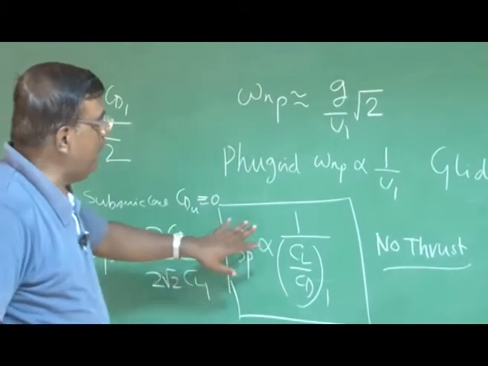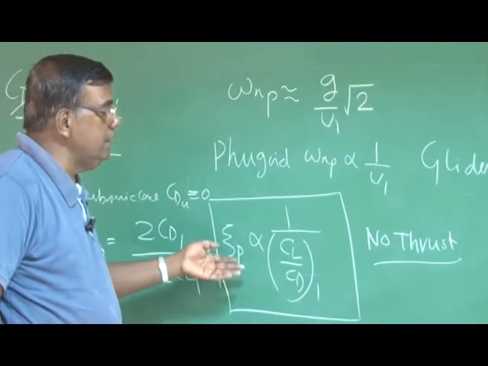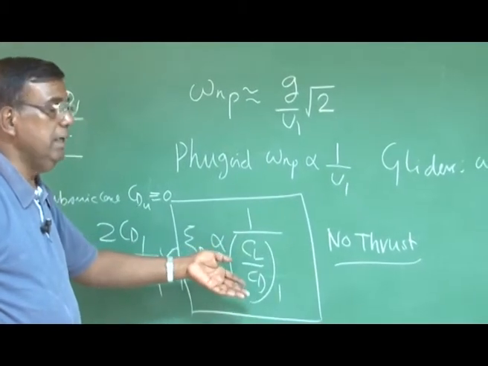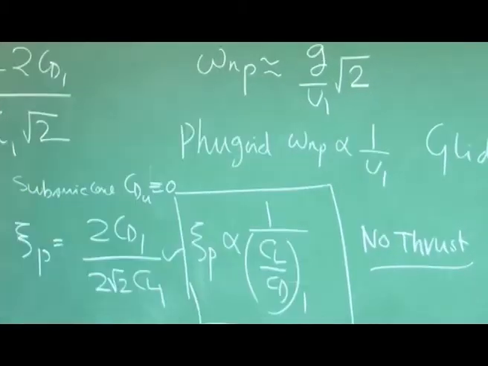So, this is very, very important as far as gliding is concerned, and you should understand that as you go on increasing CL by CD, the Phugoid damping goes on reducing, right? And this is a case for no thrust, and mostly very relevant for gliding flight. And we all know by flying also that in gliders, we enjoy the gliding flight because we want to enjoy the Phugoid mode and enjoy this motion, right.